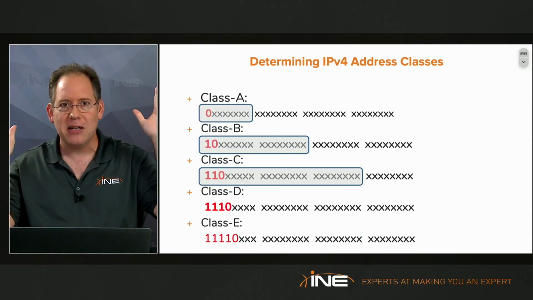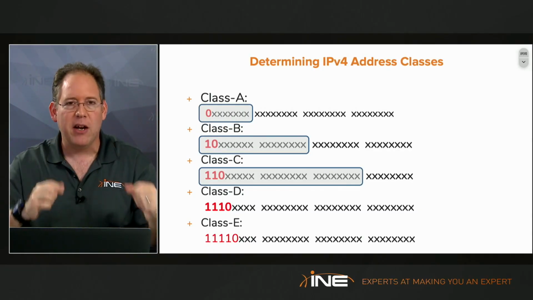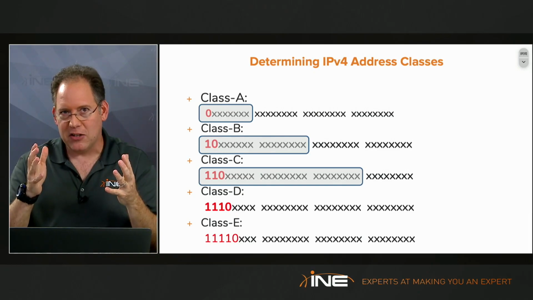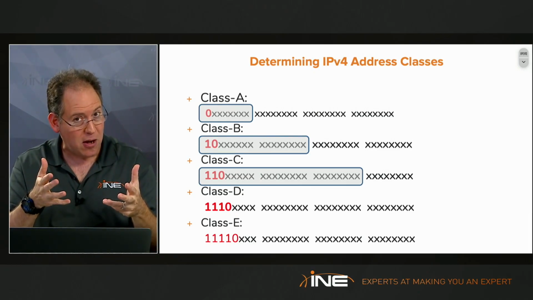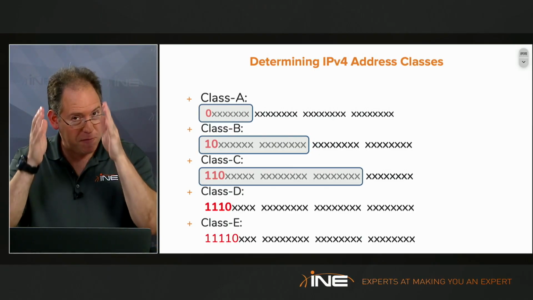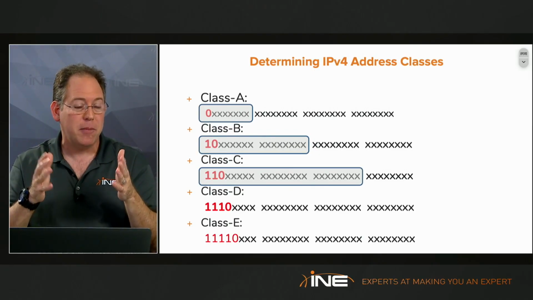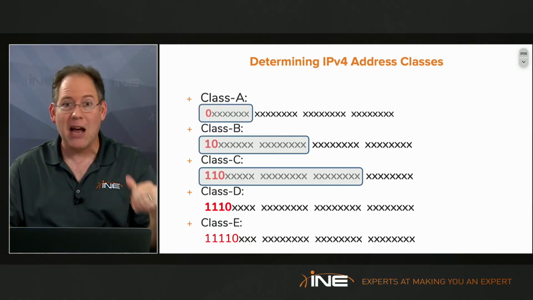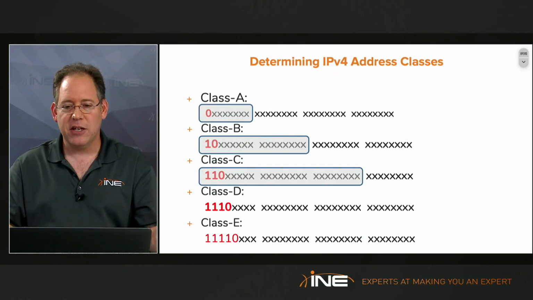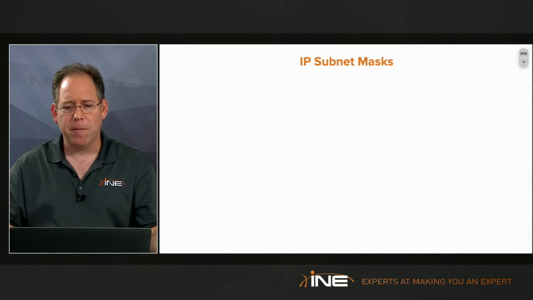It's getting crazy out there, and this way of determining where the network and the host bits are isn't going to work for too much longer, because there's only a certain finite number of networks available in Class A, Class B, and Class C space, and they were running out pretty fast. So they said, okay, we need to come up with something different.